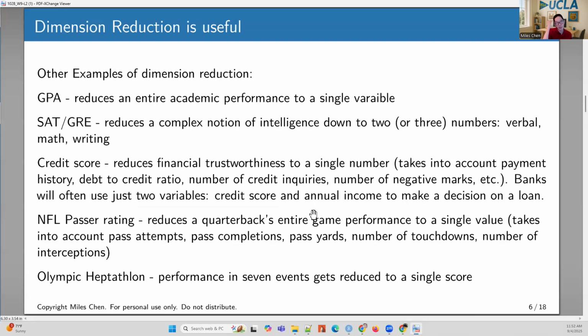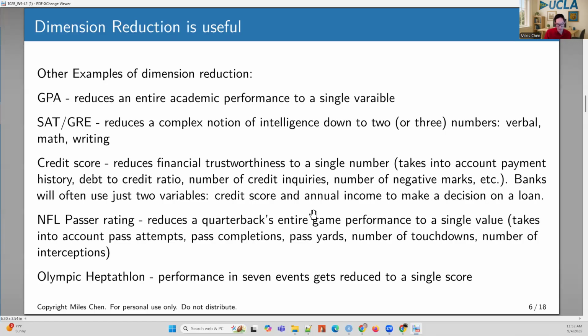Other examples of dimension reduction that are useful are things like GPA. For better or worse, we have a GPA that tries to reduce your entire academic performance down to a single number. By definition, it is very reductive.